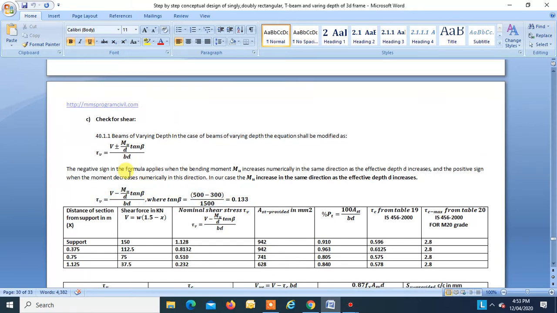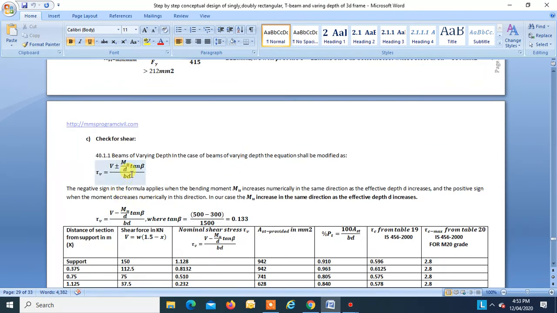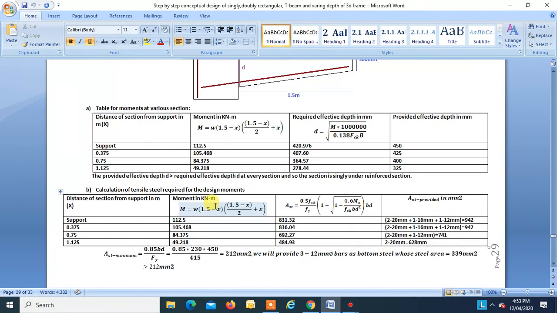So you know everything. Now Mu, what Mu will we take for this case? Mu you have to take this. What d will you take? For this case d will be equal to this.